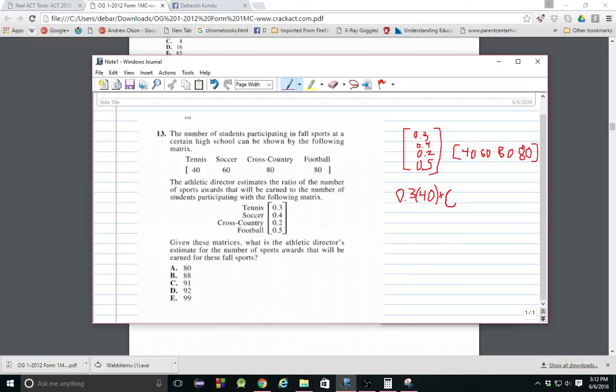plus 0.4 times 60 plus 0.2 times 80 plus 0.5 times 80.